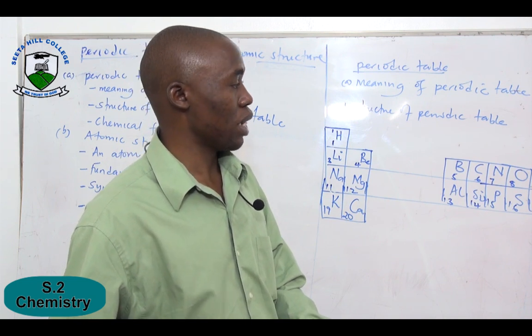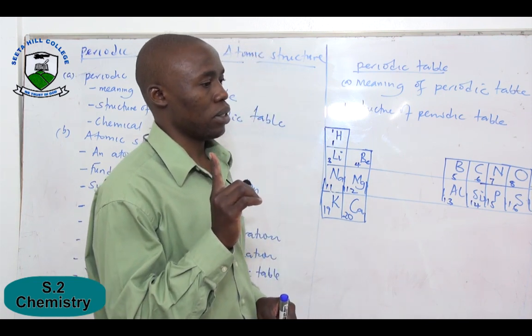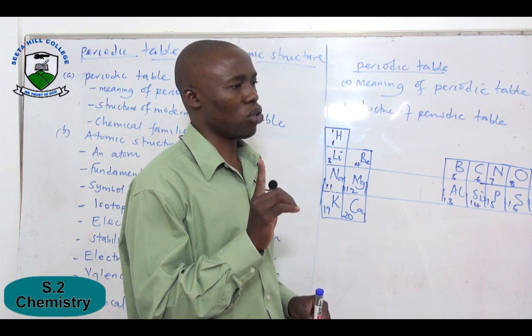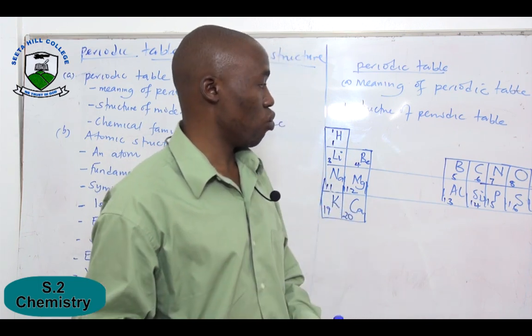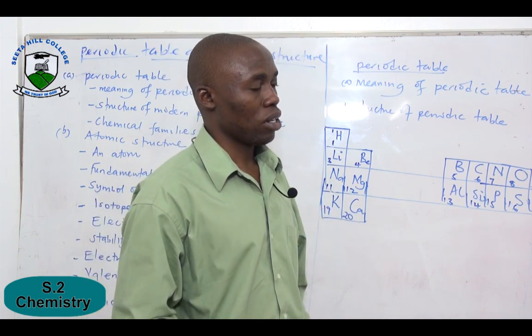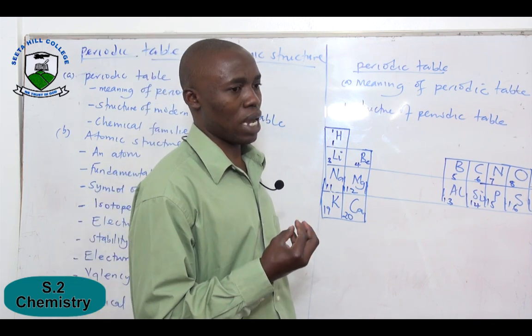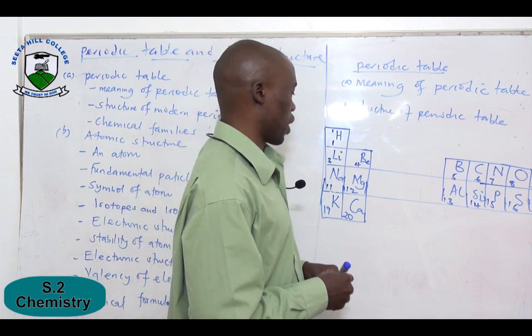That word atomic number, we said, is a unique number that identifies most of the chemical properties of the element. We are going to dwell on it ahead to see how the atomic number plays a role in making an element undergo a chemical change or a chemical reaction.